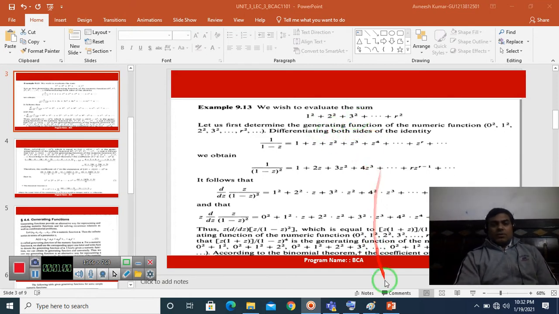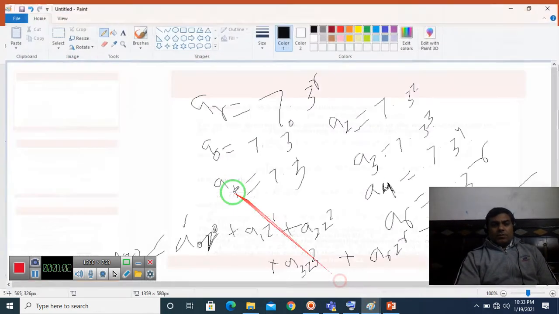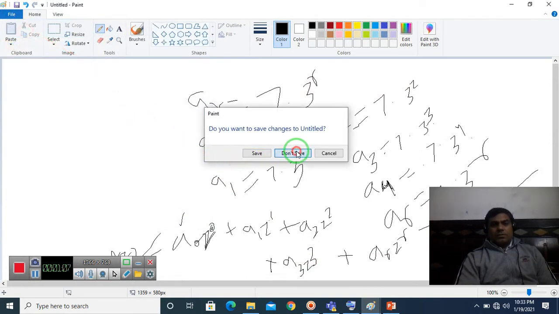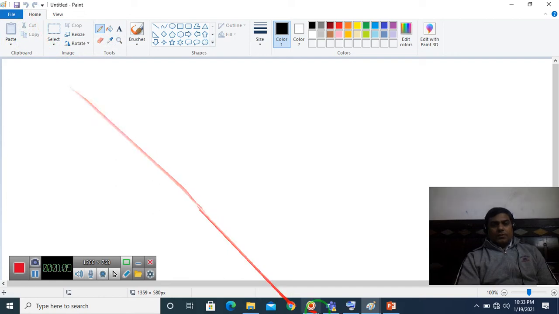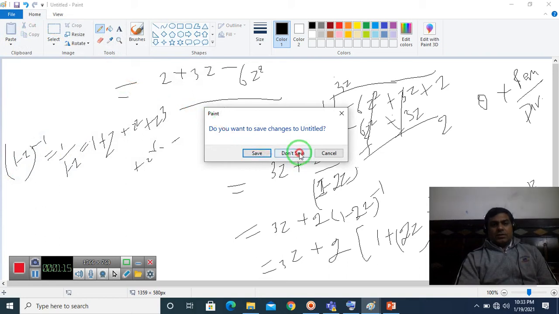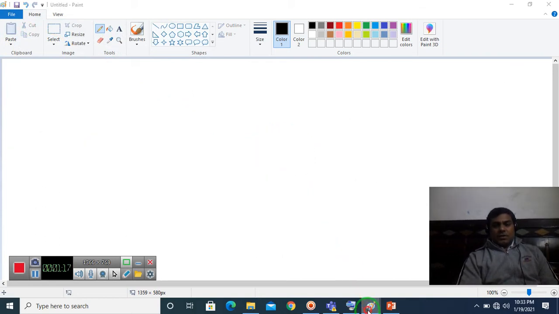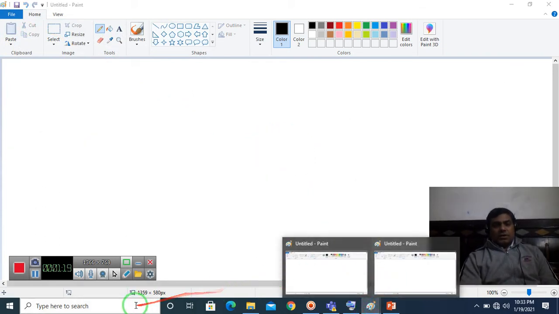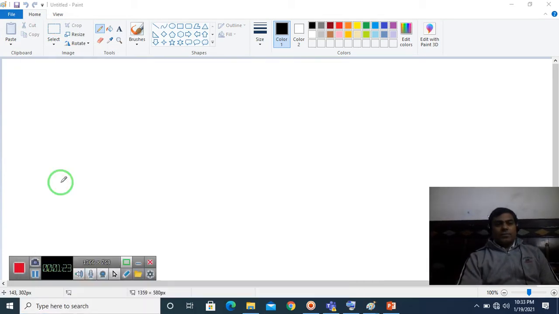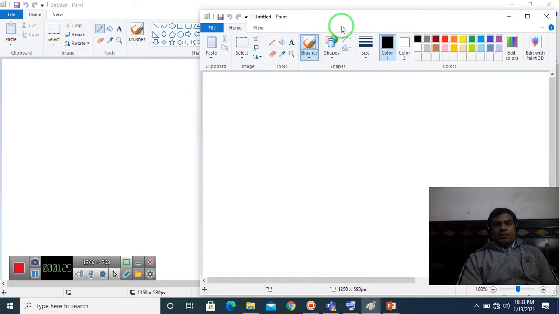Okay, I will clear this. I will take one more paint window here because it is a very long question and you should clearly understand it, so that I can explain clearly.